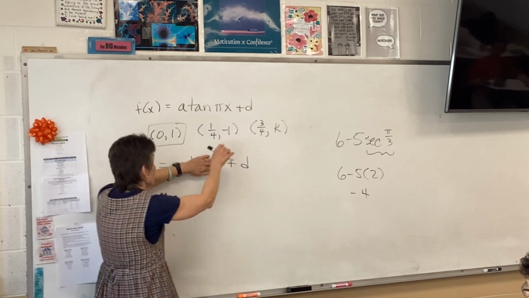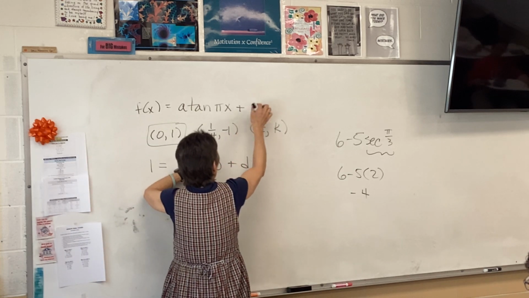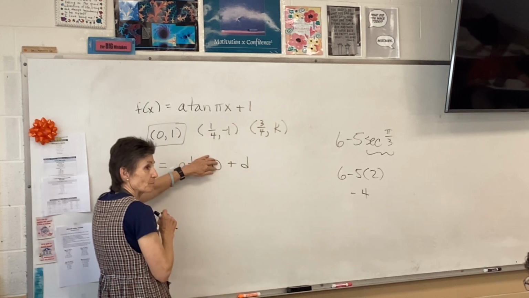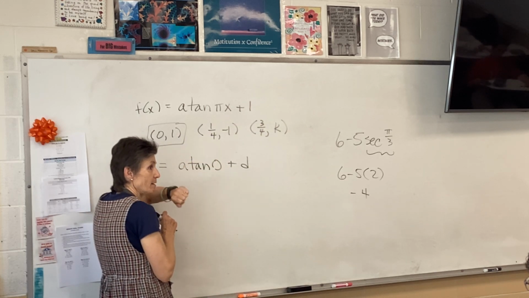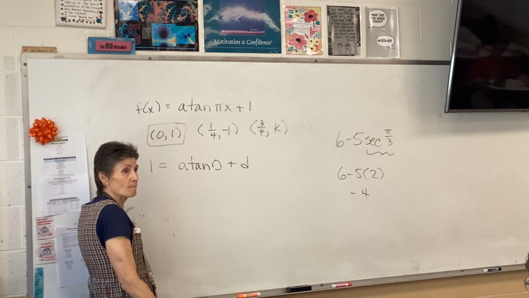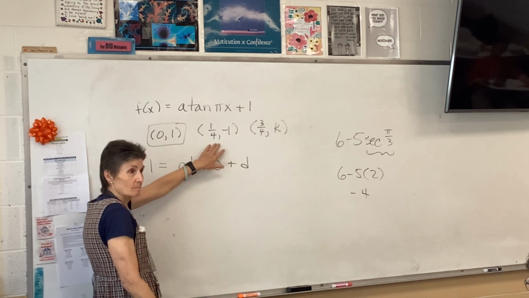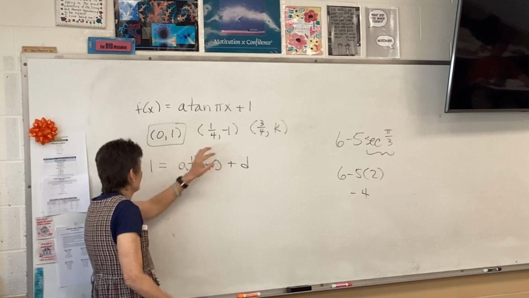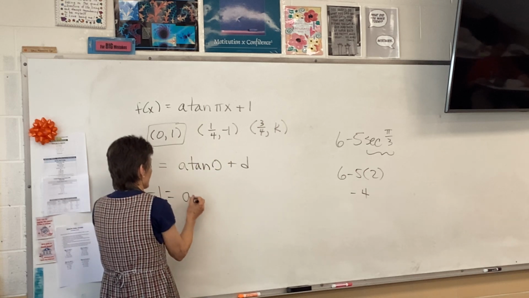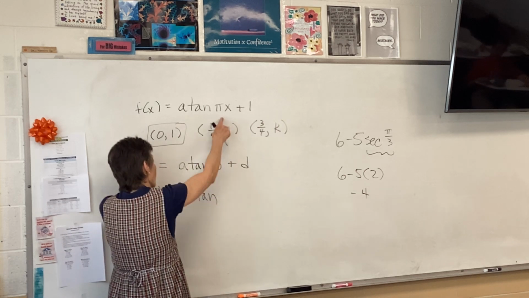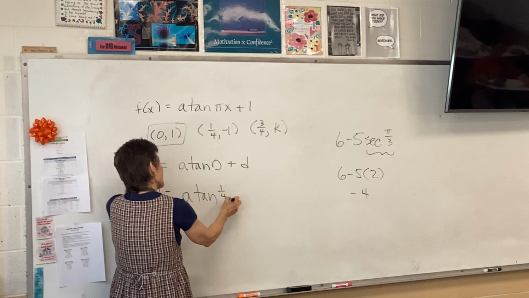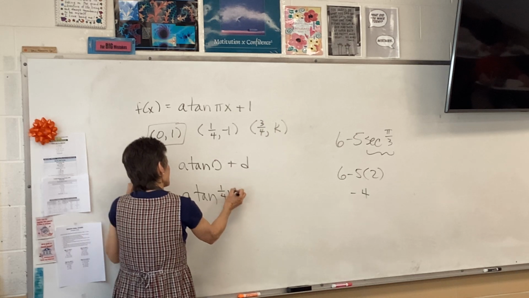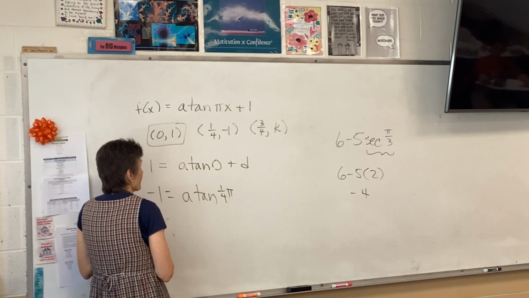So now I know that d is 1, so I'm just gonna put 1 there. Okay, now what, Alex? And then you plug in the next point. Now we can do the same thing here. Plug in negative 1 for y and pi over 4 for x.